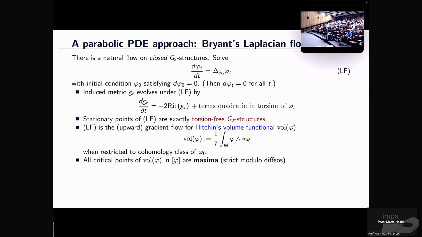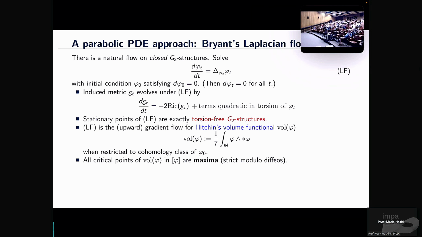Another good feature of the Laplacian flow on closed G2 structures is that, unlike Ricci flow, it does actually have an obvious, nice gradient structure to it. Given a G2 structure, we can talk about the Hitchin volume of phi.